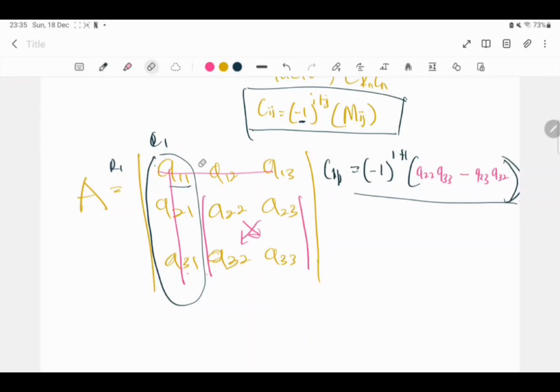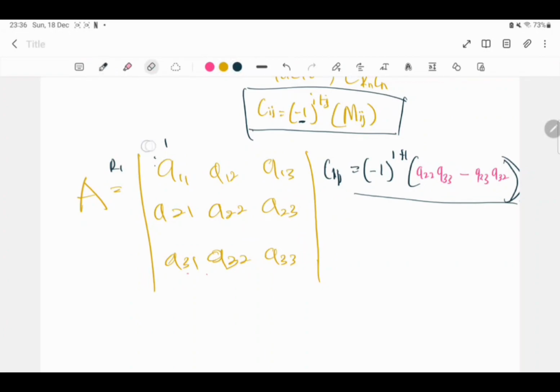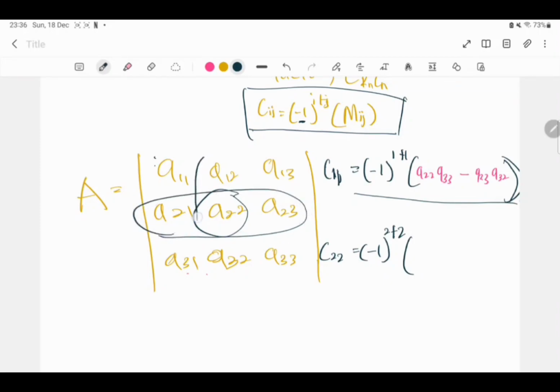Another example is the A22 element. What is the cofactor of A22? So C22, we know the formula, is -1 to the power of 2 plus 2, multiplied by the minor of 2.